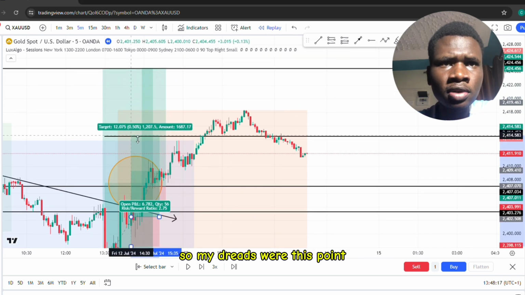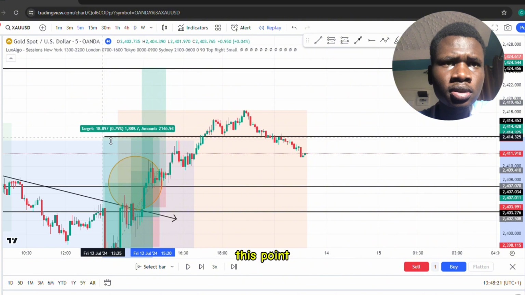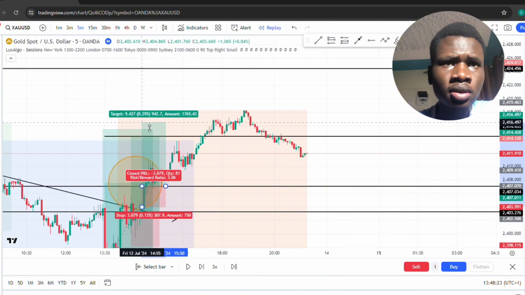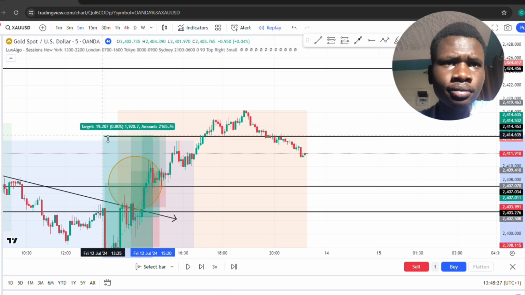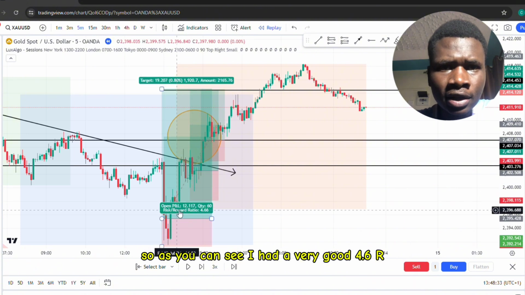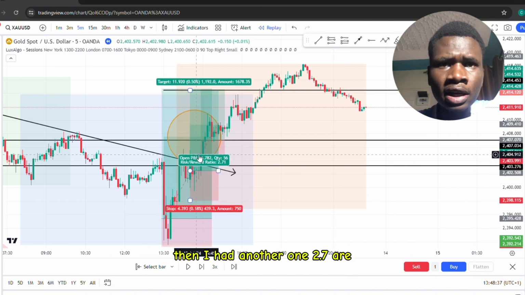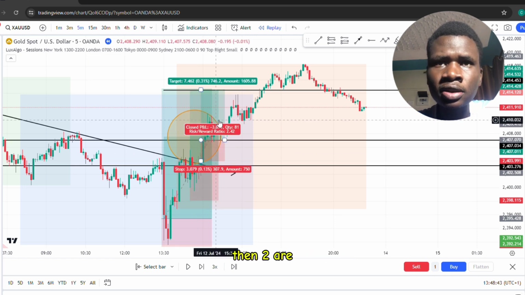So my trades were this point, this point, this point. So as you can see, I had a very good 4.6R. Then I had another one, 2.7R, that was around like 7R, then 2R.